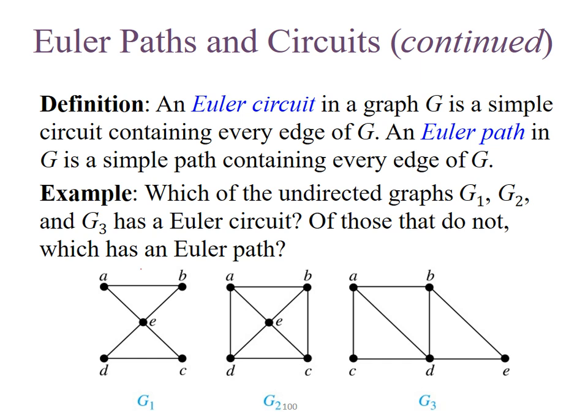If we travel from A, then we can go A, B, E, D, C, E, A. Then we travel each edge exactly once and we go back to the initial vertex A. So this is an Euler circuit. Okay, so maybe we can try G2.